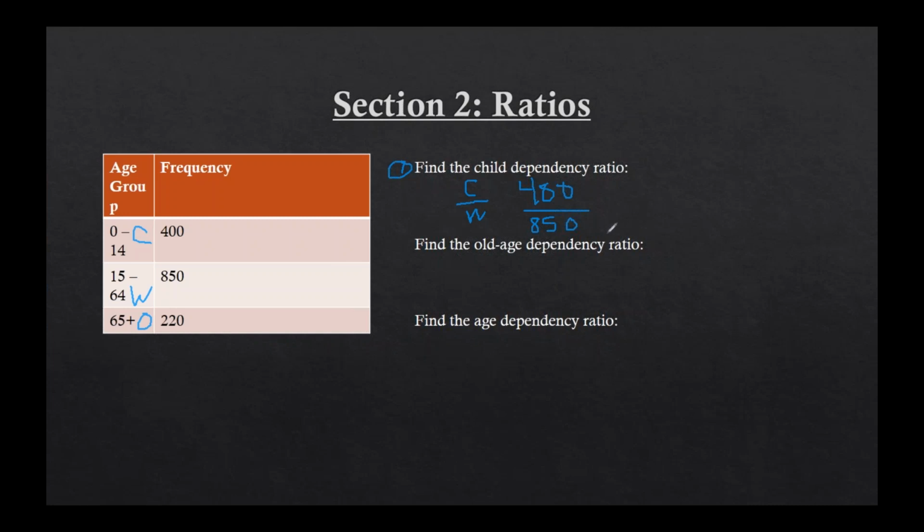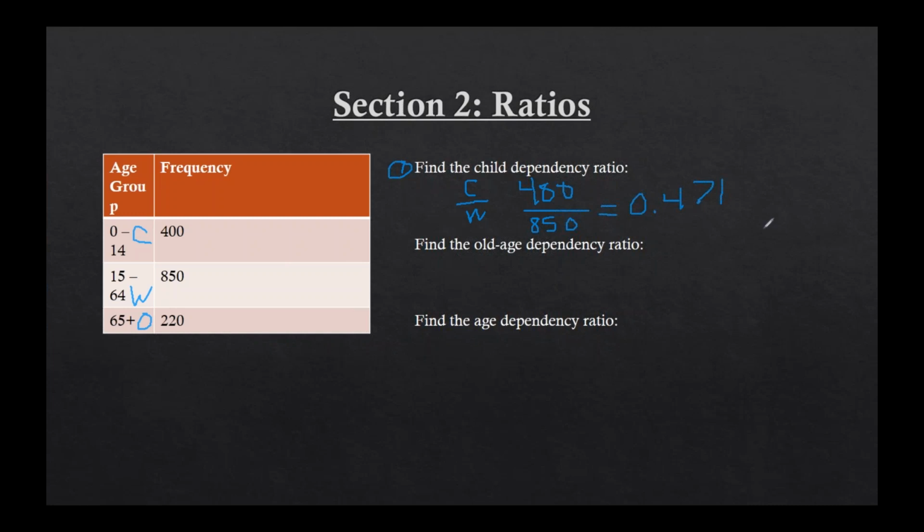So anytime you have a meaningless fraction, the easiest way to make it meaningful is to change it to a decimal. All right, so simplify it. So can you, at this point in time, change this fraction to a meaningful decimal? There we go. Thank you. So we end up with 0.471.